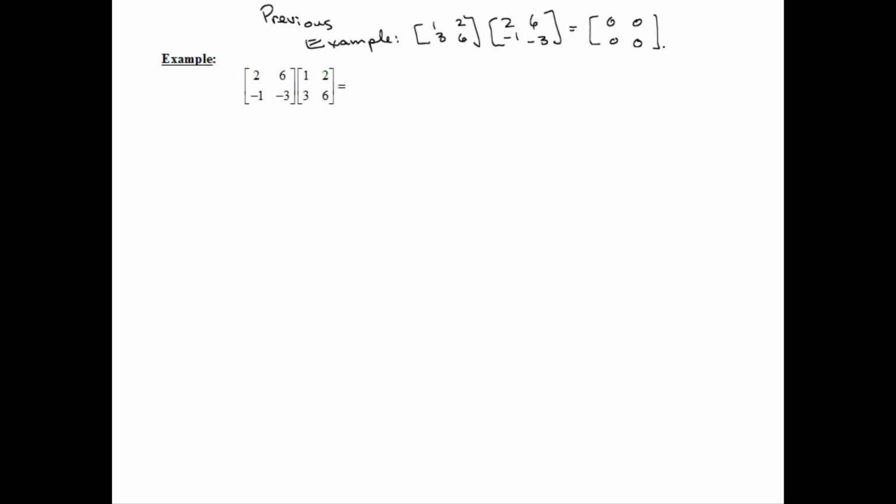I just want you to notice that so that when you get this one, you can compare your answer with the one that we got when we did it in the opposite order. So again, try this one on your own.